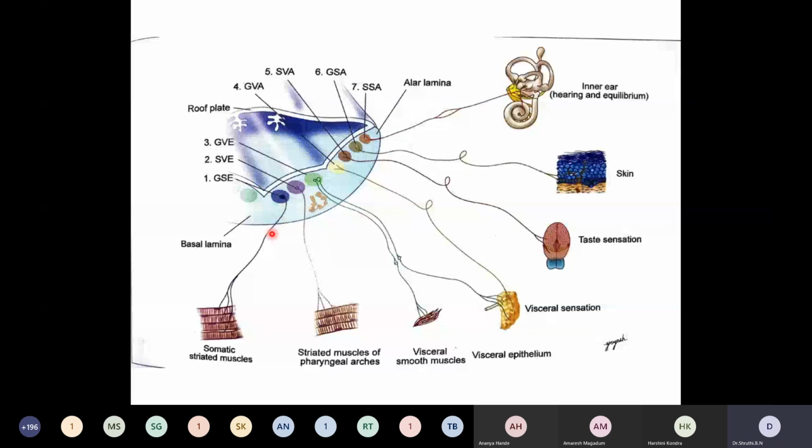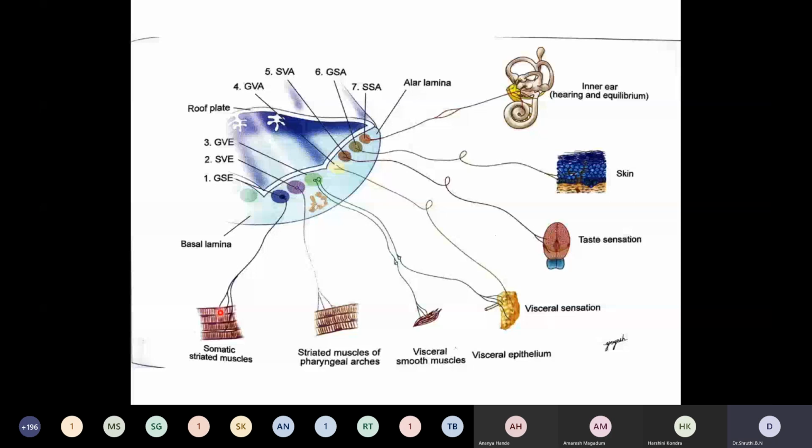It supplies the striated muscle of the head not originated from the pharyngeal arches. What is the function of the nerve fibers which arise from the general somatic efferent column? The nerves supply the striated, or skeletal, muscles of the head that are not originated from the pharyngeal arches.